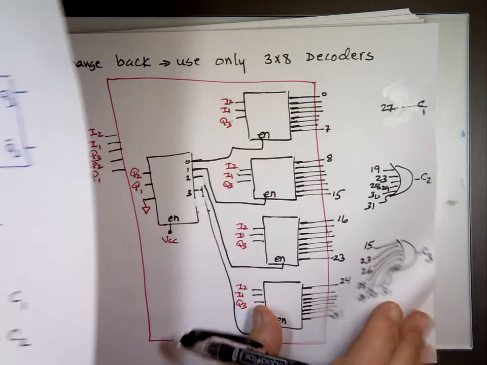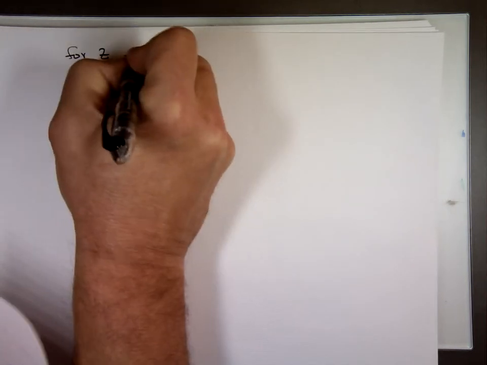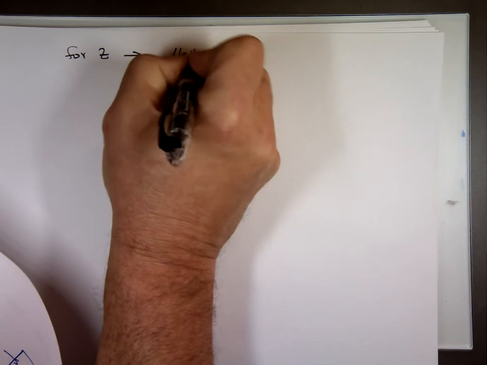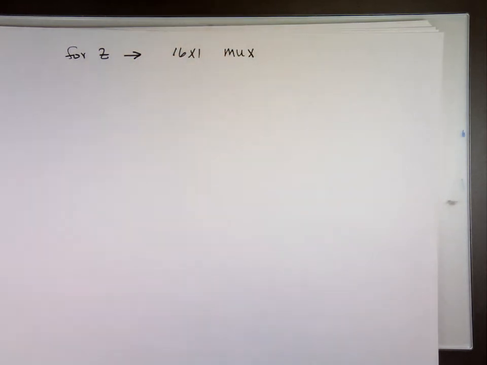Maybe for Z, I'm going to use a 16 by 1 mux for the Pepsi. So it'd be two 16 by 1? No, I'm only going to use one of them, actually.